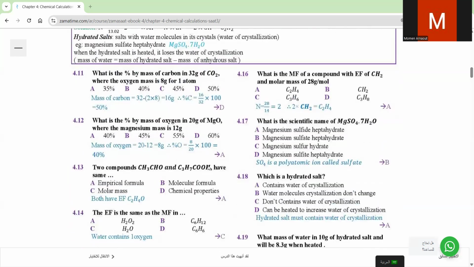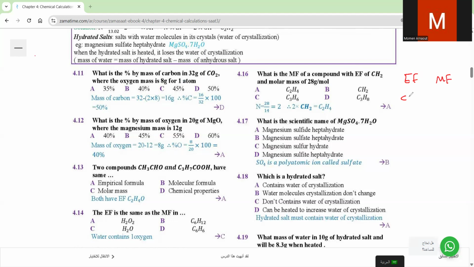What is the molecular formula of a compound with empirical formula of CH2 and the molar mass 28? How can I solve a question like that? As I told you before, here I have the empirical formula and the molecular formula.